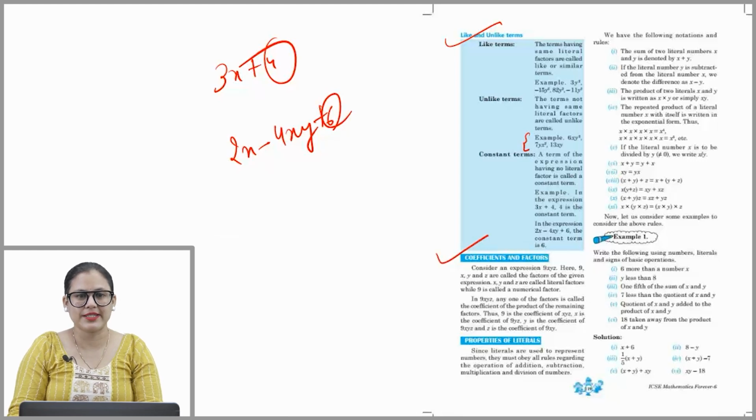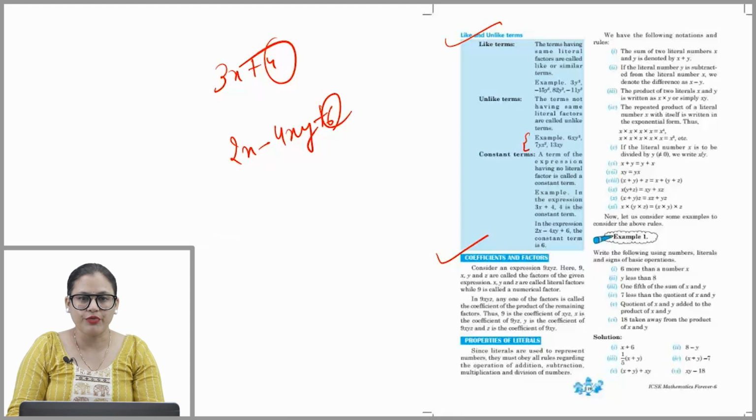Coefficients and factors. Consider an expression 9xyz. Here 9, x, y and z are called the factors of the given expression. x, y and z are called literal factors while 9 is called a numerical factor. In 9xyz, any one of the factors is called the coefficient of the product of the remaining factors.